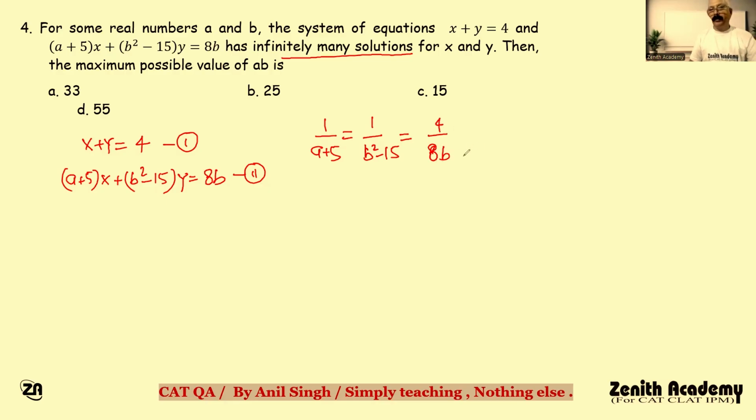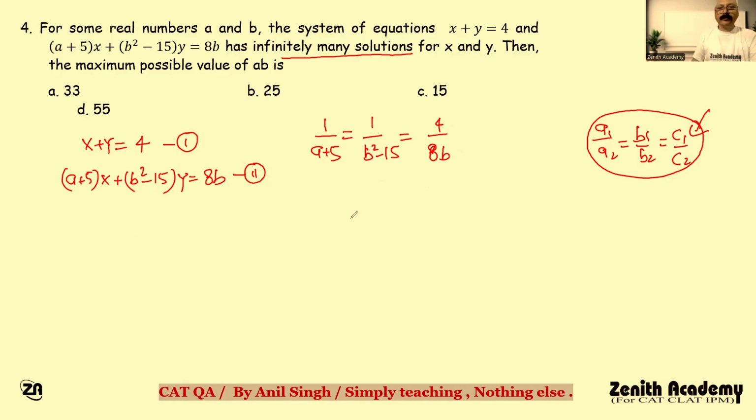So it is a basic concept of linear equations. The two equations a1x plus b1y is equal to c1 and a2x plus b2y is equal to c2. For infinite solutions, a1 upon a2 is equal to b1 upon b2 equal to c1 upon c2. It is a basic concept and conceptual understanding, which definitely you all know.